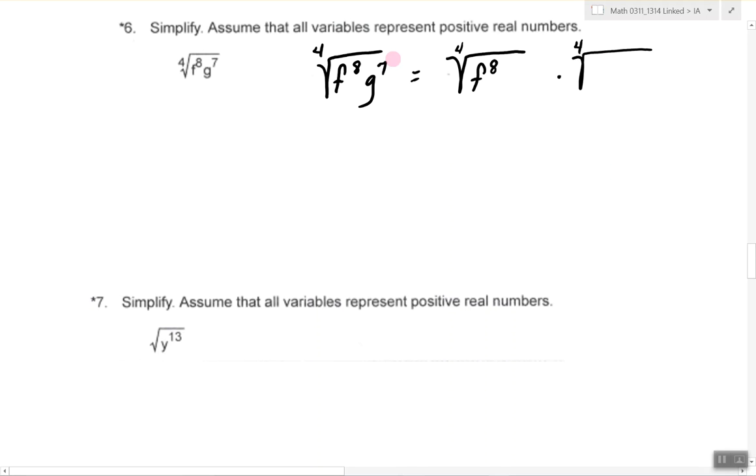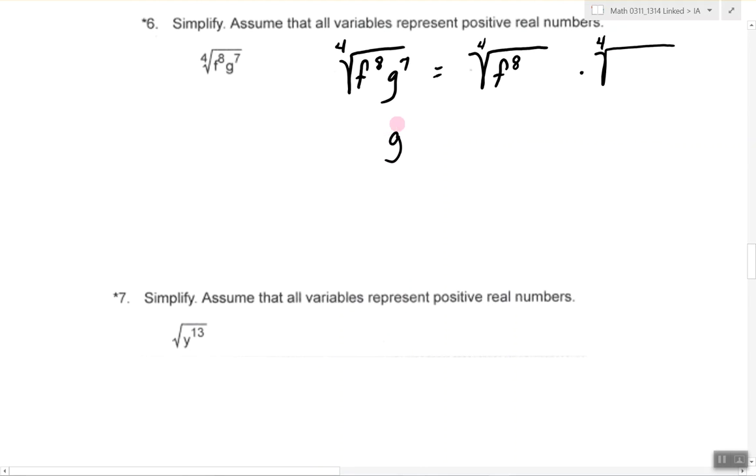If I take 2 away from it, I would have g to the 5th and g to the 2nd, and that's still not divisible by 4. But if I take 3 away from it, it leaves me with g to the 4th, and I put the 3 there. 4 and 3 still add up to be 7.